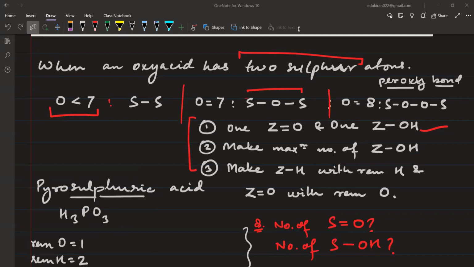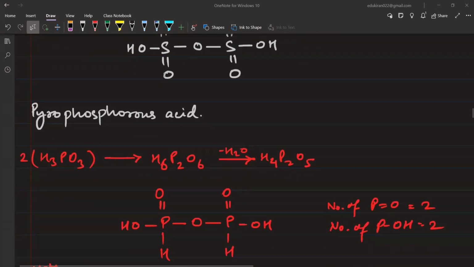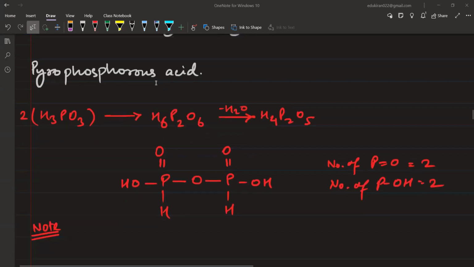It's just that SS bond was seen and SS bond was found whenever the number of oxygen atom was less than 7. तो हमने बोल दिया कि इसको याद कर लीजिए आप, ठीक है. Now basically आपके पास pyro अगर रहेगा ना तो pyro में you will have POP type of bond generally speaking.